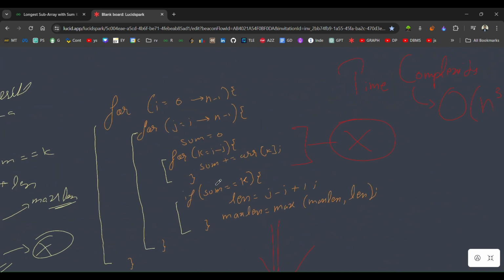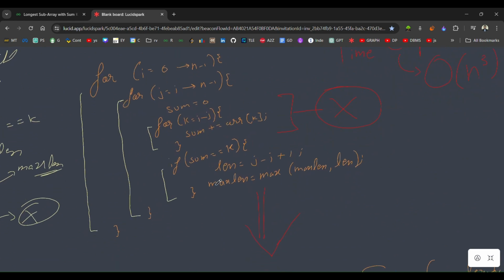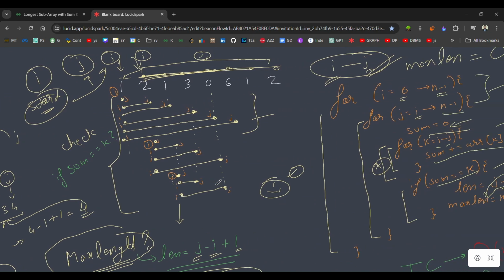So what I'm going to do, I'm going to cancel out this loop. Cancel out this loop. How? Let's say in the diagram, let's say i is here and j is here, right? It was 1, 2. And in the next iteration, this 1, 2 will become 1, 2 and 1, right? This 1 got added.